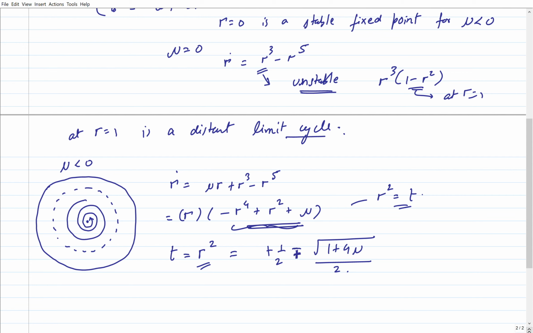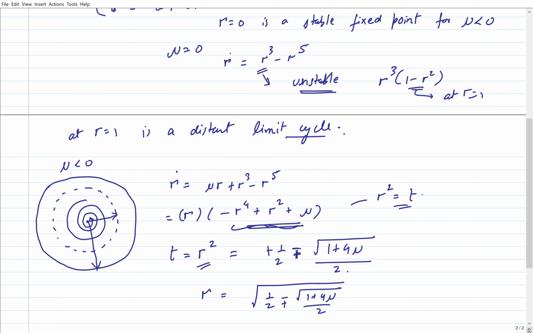Since this is polar coordinates, we are only interested in the positive values of r. So these are the true attractors, these two values.